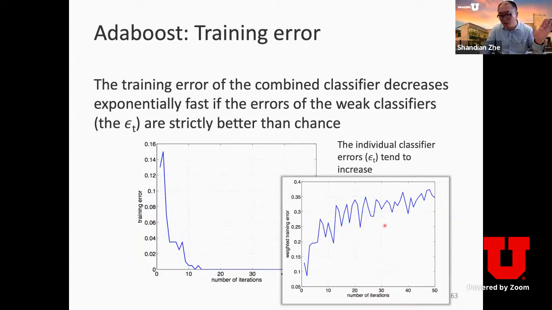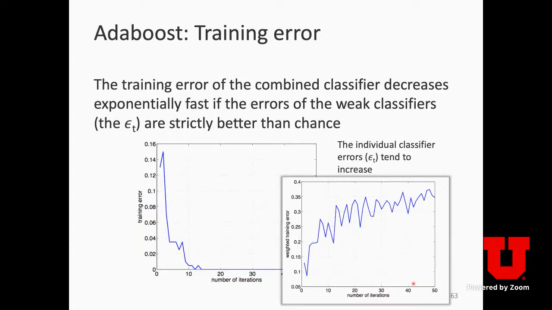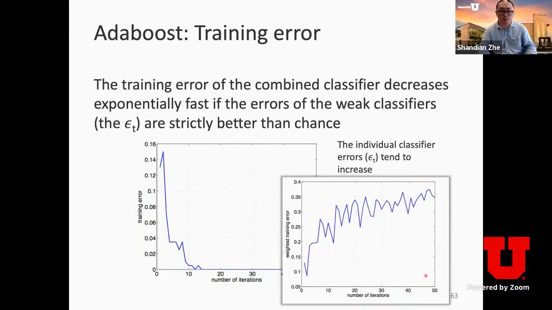In the later stage, the remaining large-weighted examples are all those hard to predict. So if you make a wrong prediction, you get a larger penalty, a larger weight, a larger weighted error. That's intuitively why for individual weak classifiers, their errors tend to grow along with the number of iterations.